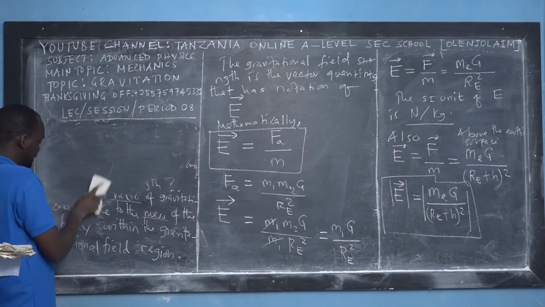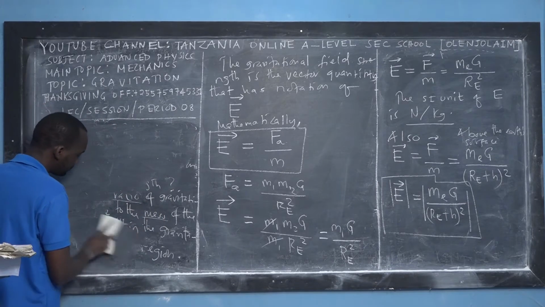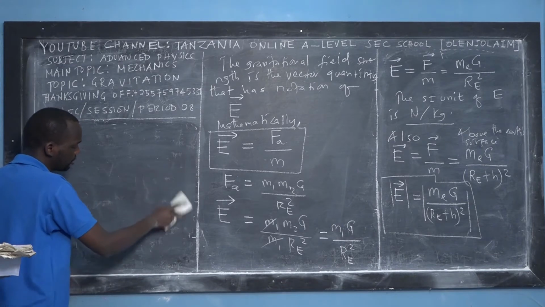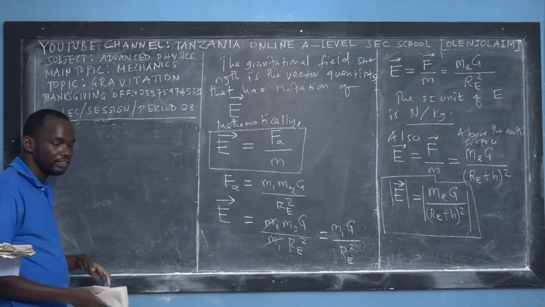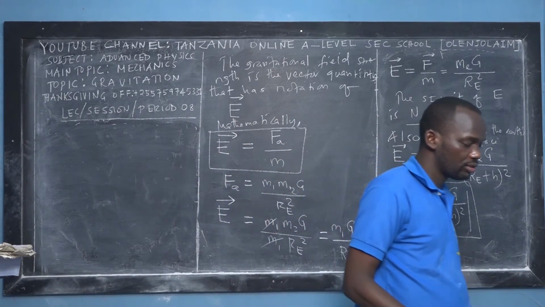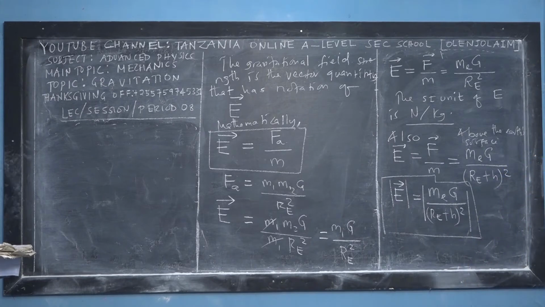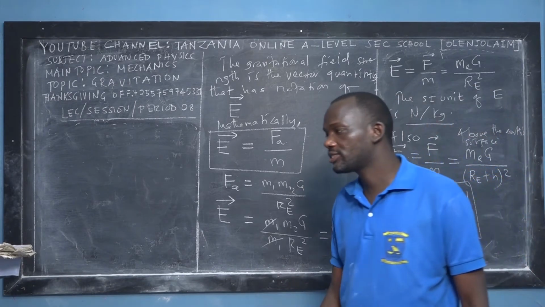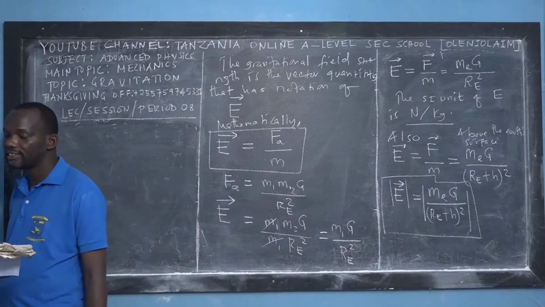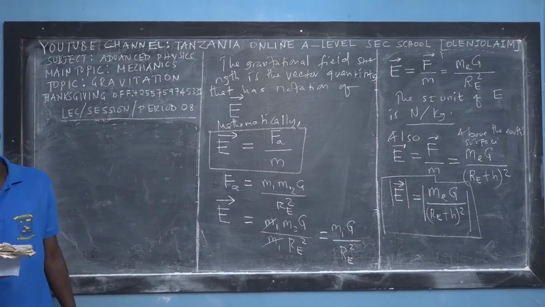So we say that in astronomy or in space flight, sometimes physicists want to bring the satellite from infinity, outside of the space of the Earth's surface, to a certain point, let's say near to the Earth's surface, but above it.